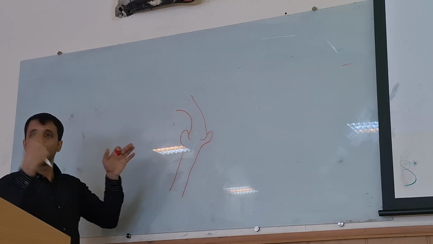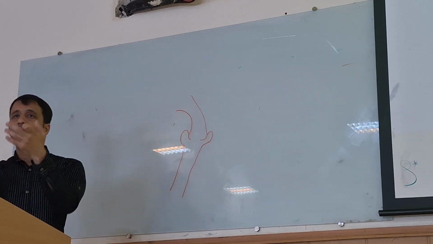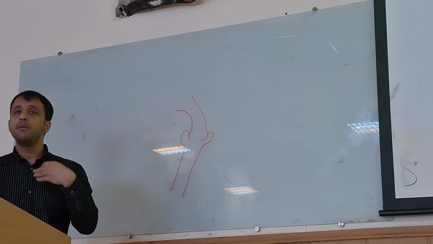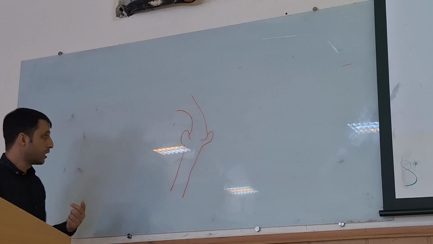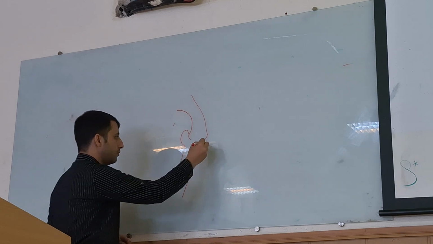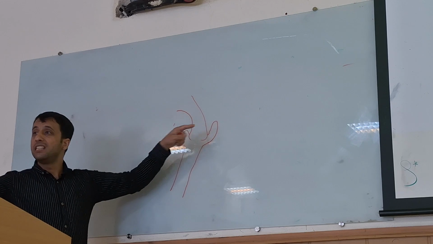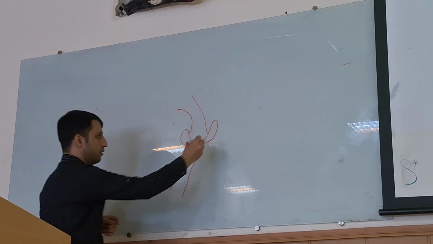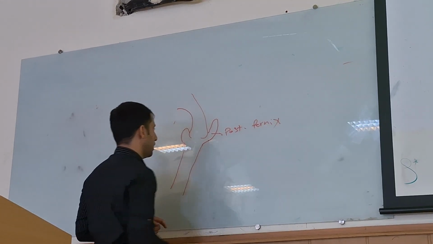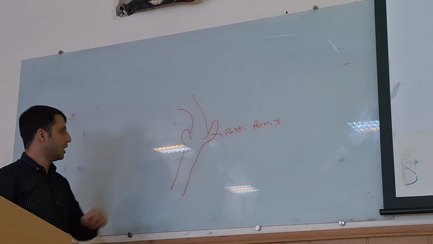This circular groove is divided anatomically into 4 parts: anterior, posterior, and 2 lateral parts. Every one of these parts is named a fornix. The posterior fornix is deeper than the others. And the other fornices are located circularly around this area.